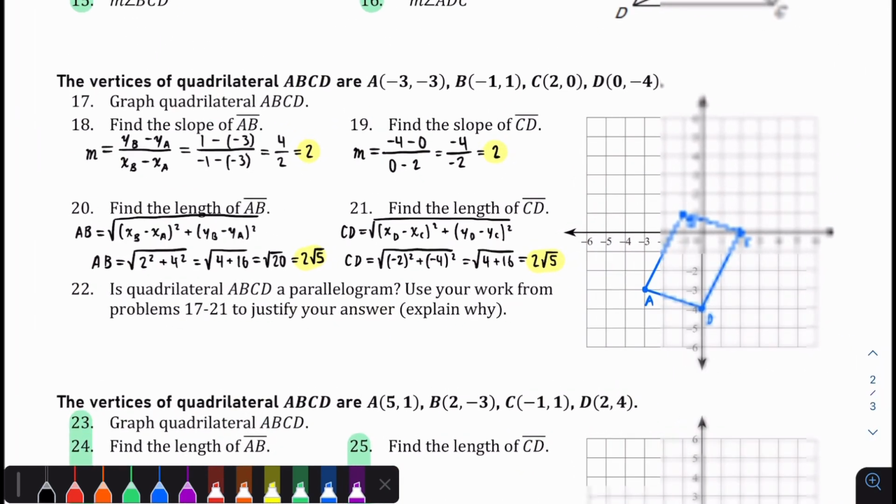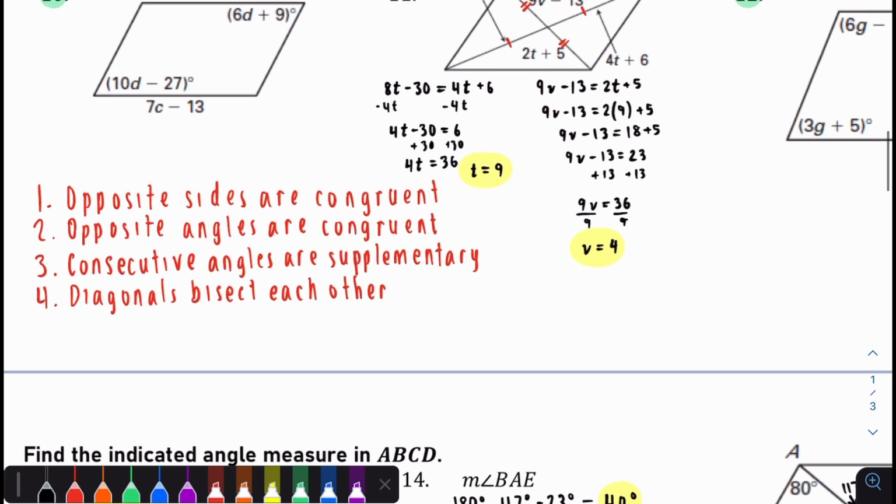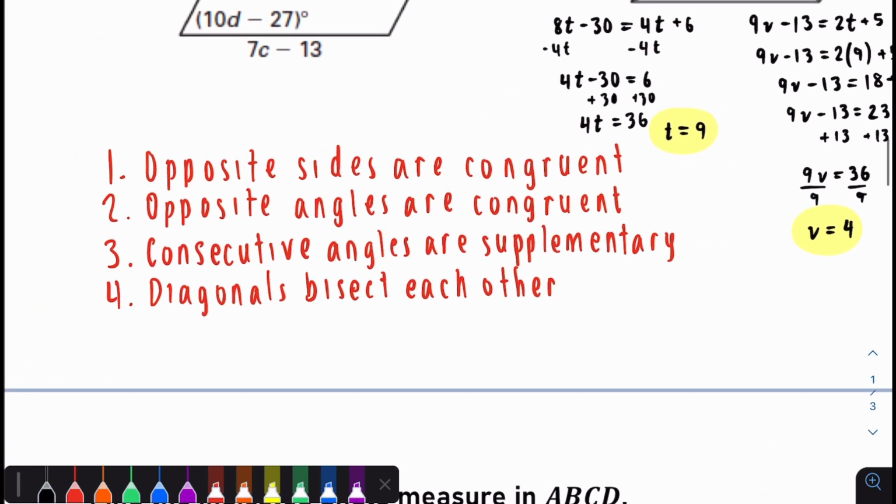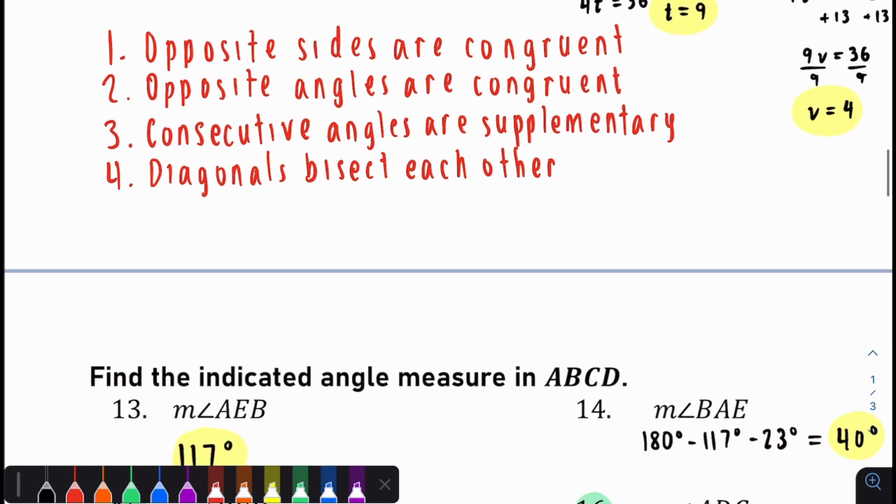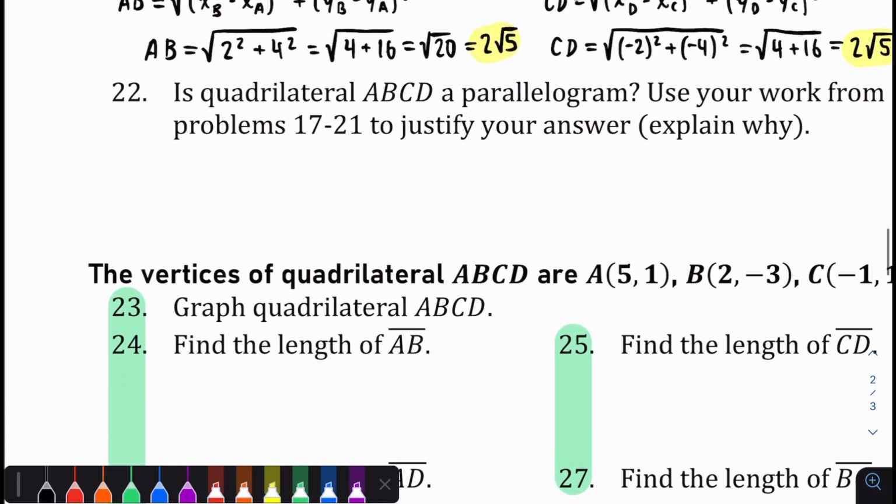And if you look back at our properties, same slope means that the opposite sides are parallel. That is part of the definition of a parallelogram. And opposite sides are congruent is a property of a parallelogram. So we're going to say yes.